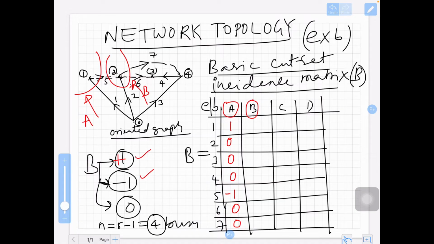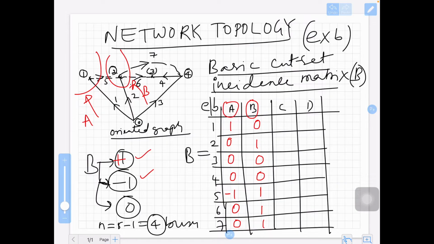So let us mark these elements involved in the formation of B cut set. 2, 5, 6, 7 are involved in the B basic cut set. So let us see, the first element is not involved, and 3, 4 elements are not involved in the formation of B cut set.